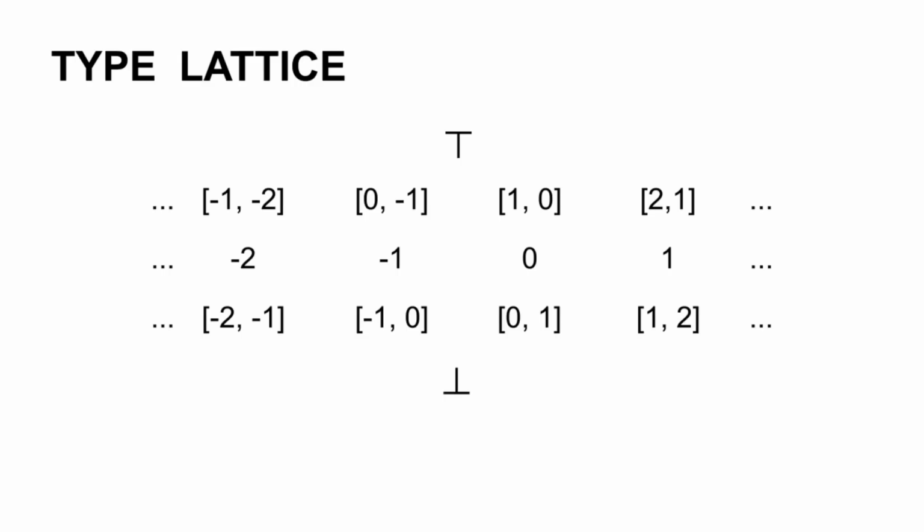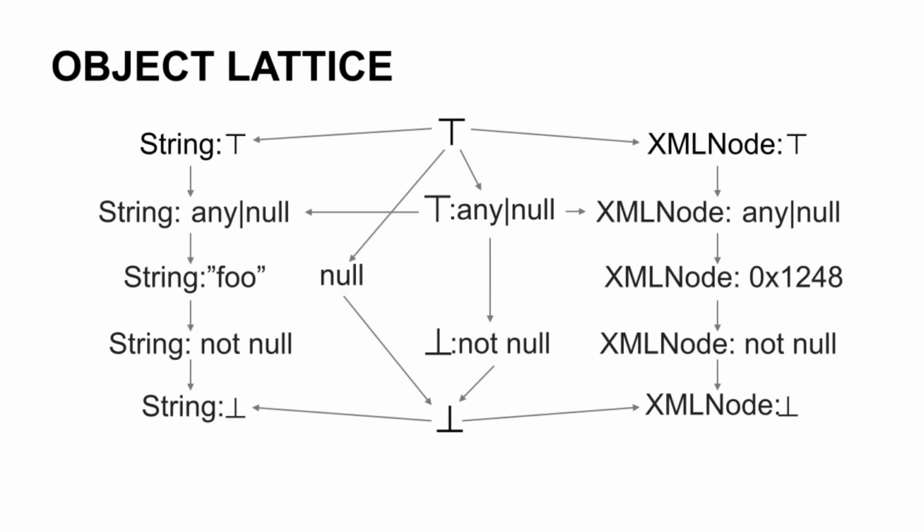I'm not going to explain all the properties of a lattice, but the important thing is it has a center line of constants. So we don't represent constants per se, we represent types. And we can actually construct a lattice for objects as well. And again, the center line is constants. So the string foo, the constant null, or an XML node that we just created can be represented as types.